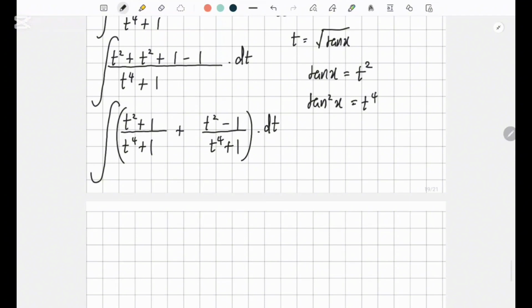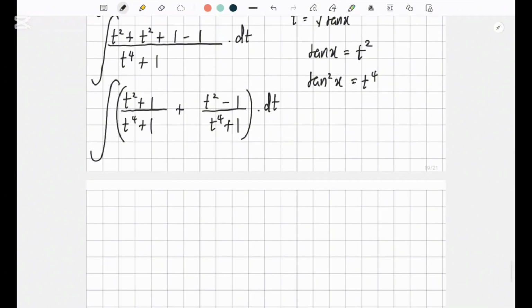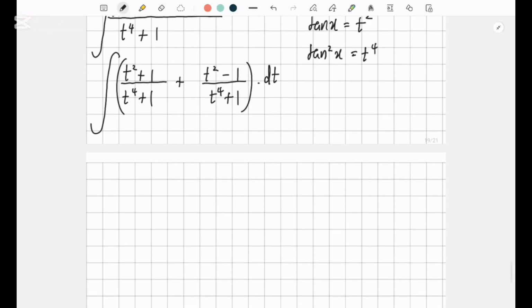So now I'm going to divide the numerator and denominator of both fractions by t squared. So now I'll get 1 plus 1 over t squared over t squared plus 1 over t squared, plus 1 minus 1 over t squared over t squared plus 1 over t squared.